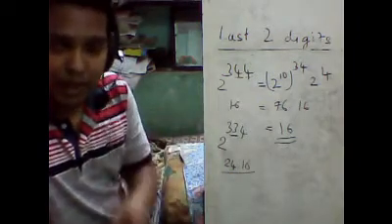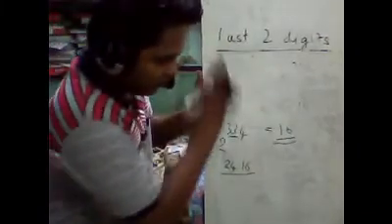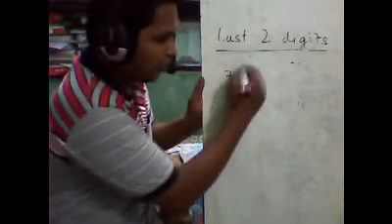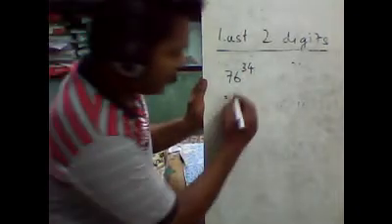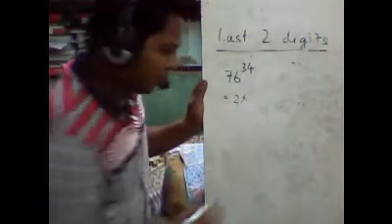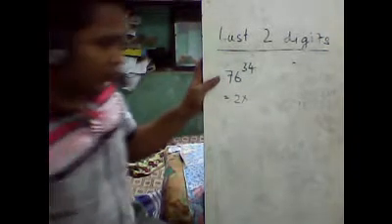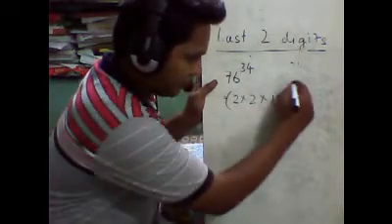Let us take another problem and try to solve it. Let us take 76 to the power of 34. 76 to the power of 34 is nothing but 2 into 19, to the power of 34.